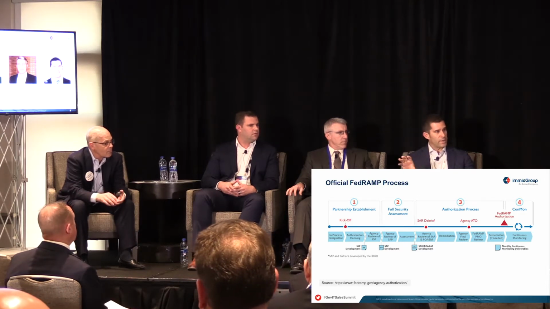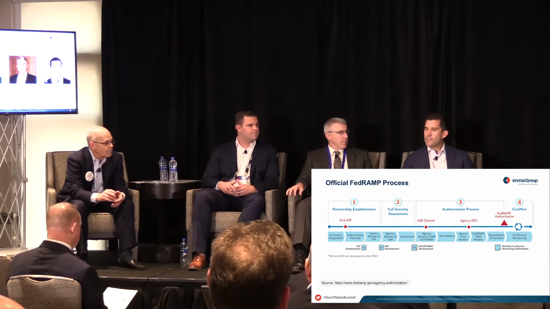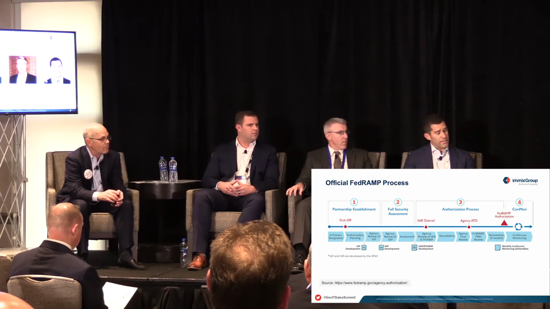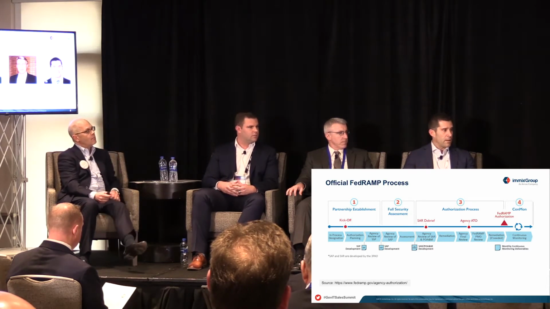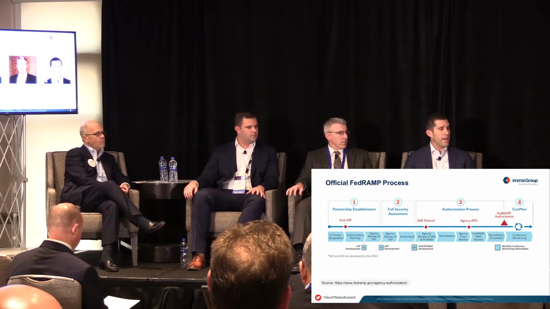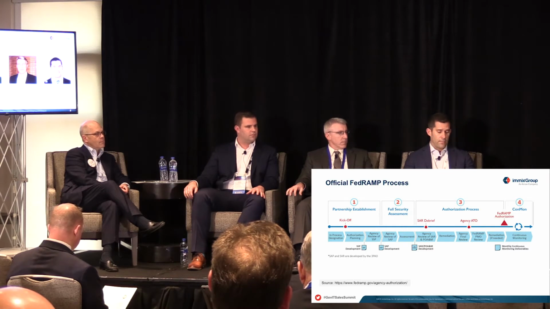Concurrently, you have the FedRAMP PMO doing their review as well. Once they're comfortable and you've received your agency ATO, ideally FedRAMP would be good with it, and then you would show up in the FedRAMP marketplace as FedRAMP authorized. So that's really the authorization process.